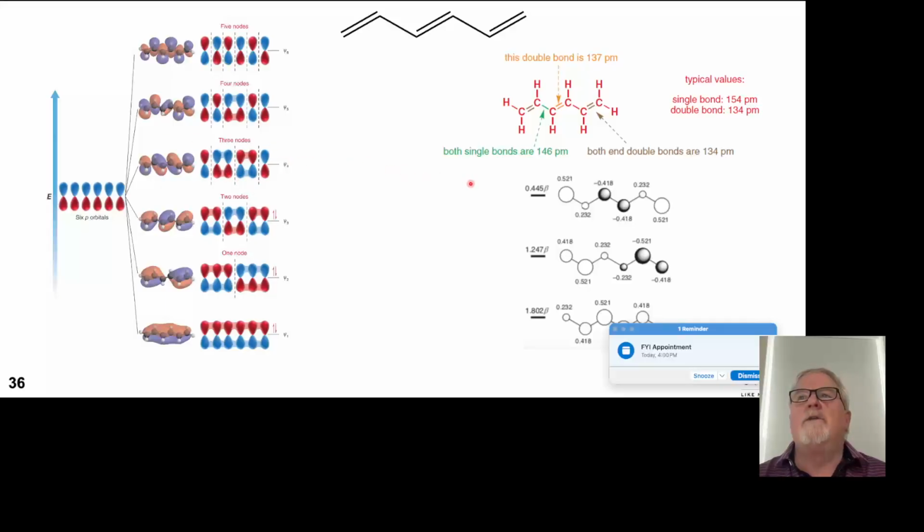Okay, so we see that this double bond is 137 picometers, and these carbon-carbon single bonds are 146. So the distance between these 2 carbons is slightly more than the distance between the ones in which we've drawn the carbon-carbon double bonds.